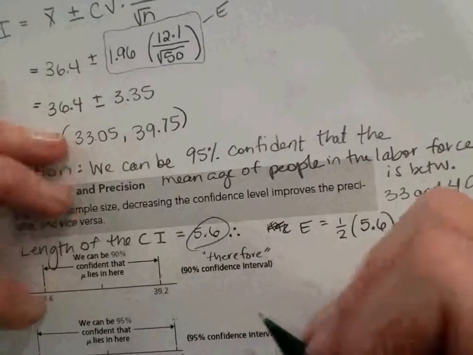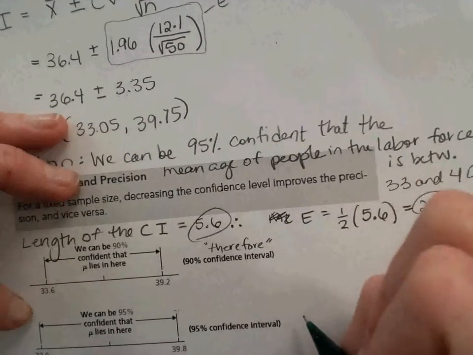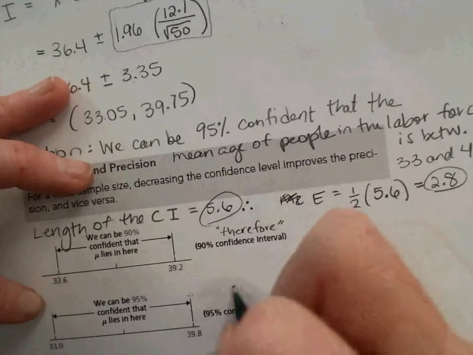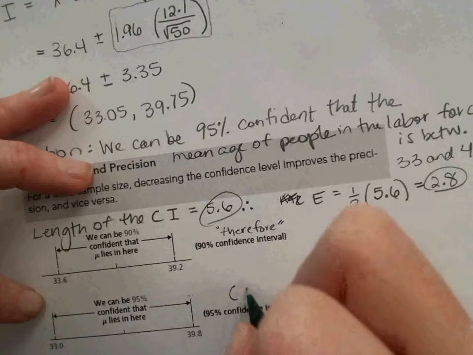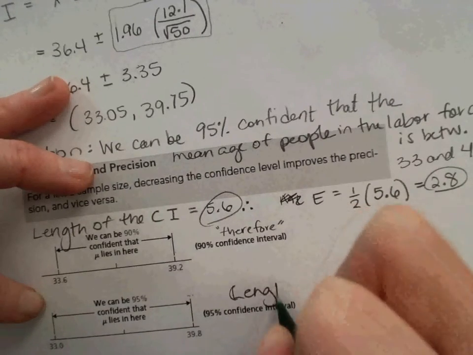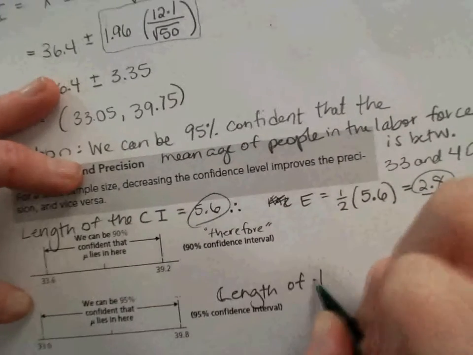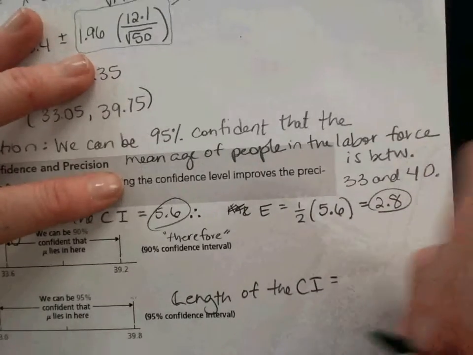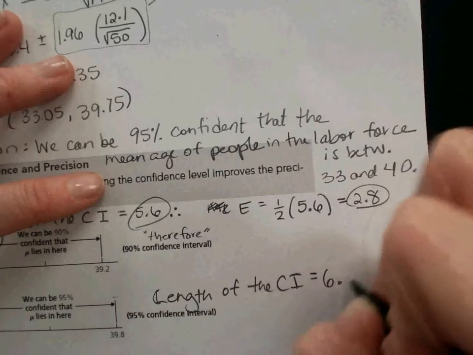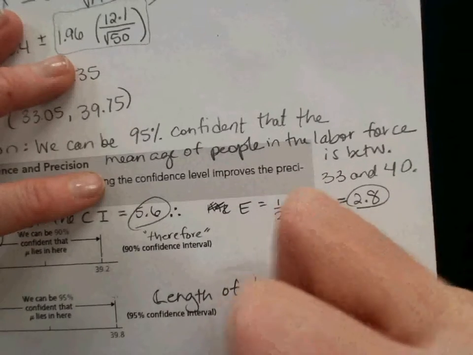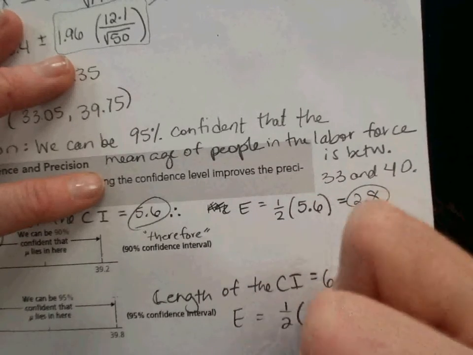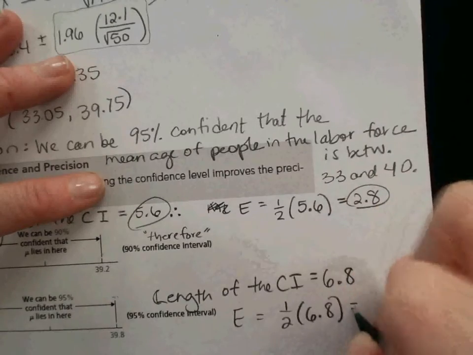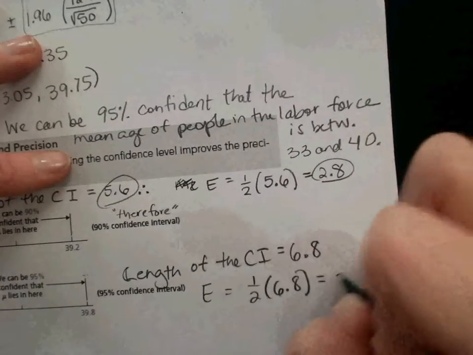Same data set, same mean, but now with 95%, we would do the length of the confidence interval here, which is 6.8, good. And so the margin of error is going to be half of that, which is 3.4.